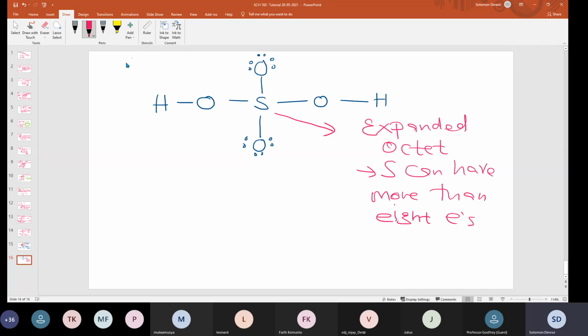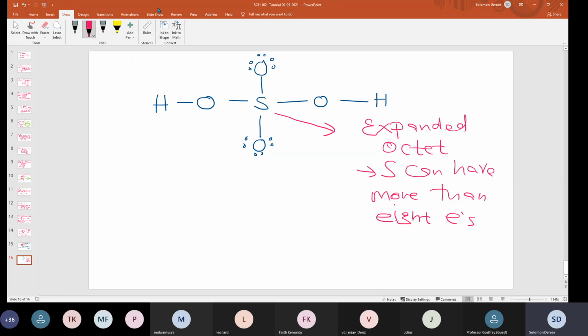In period 3, in addition to the S and P subshells, we have the D subshell, which can also be filled. So as a result, sulfur can have more than 8 electrons.